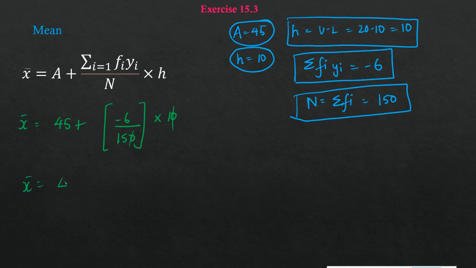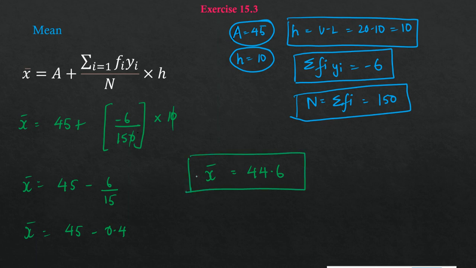X bar will be equal to 45 minus 6 divided by 15, approximately 0.4. X bar, you will be getting the value as 44.6. We have found the value of mean.